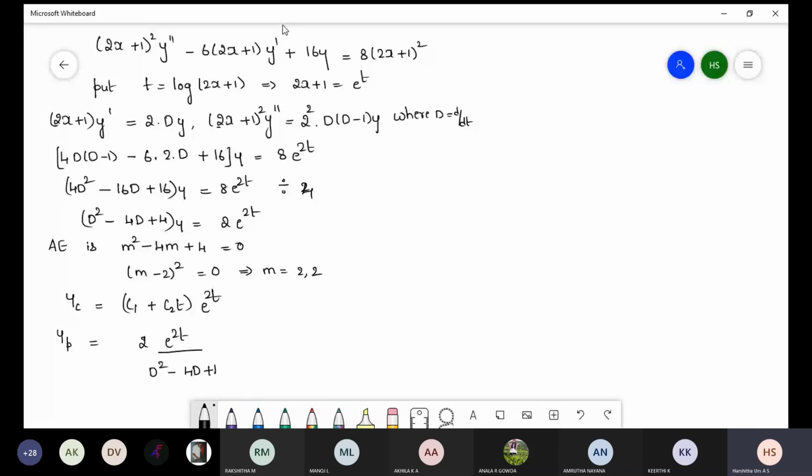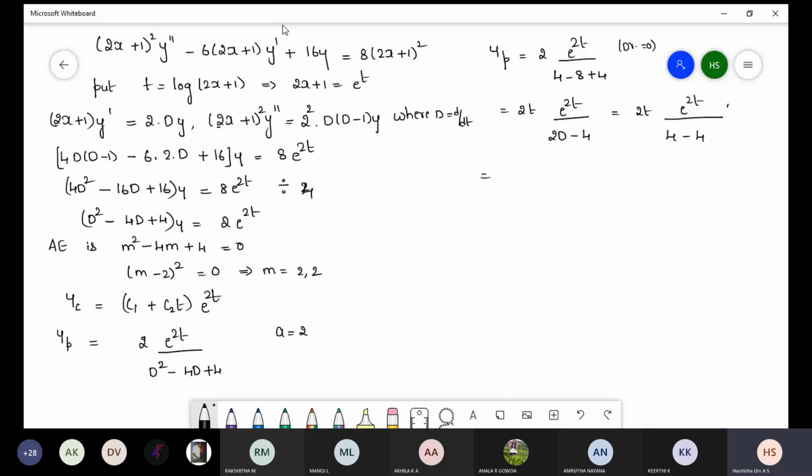a is equal to 2. So we have to write yp is equal to 2 into e power 2t, with 4 minus 8 plus 4. So the denominator here we get 0. So 2 into t e power 2t. Differentiation of f of D is 2D minus 4. Again do the substitution. 2t e power 2t divided by 4 minus 4.